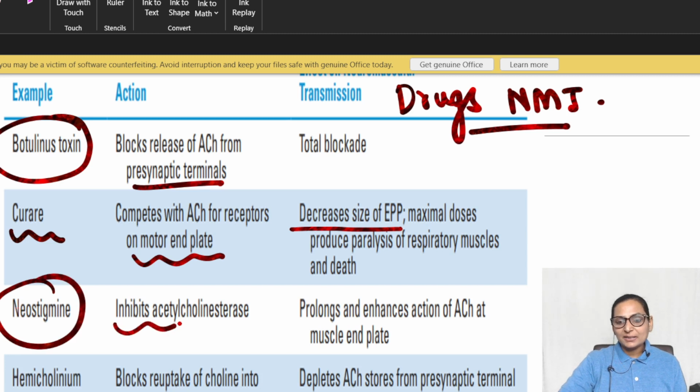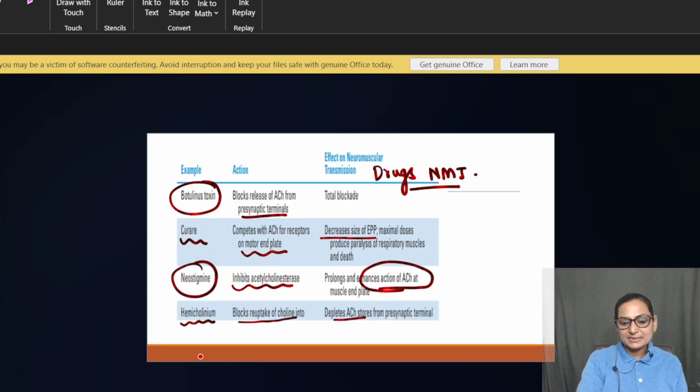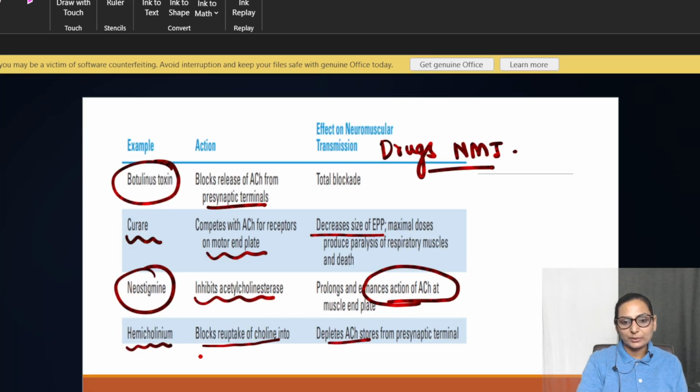Neostigmine, which is an anticholinesterase and therefore enhances the duration of action of acetylcholine at NMJ. Drugs like hemicholinium, which block the uptake of choline and therefore deplete the acetylcholine stores, because once acetylcholine is degraded, choline will be taken up for recycling and for further synthesis of acetylcholine.